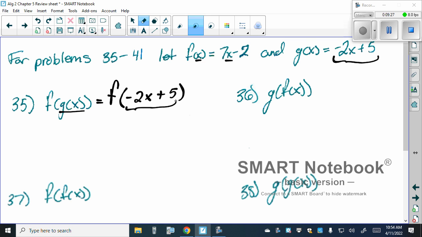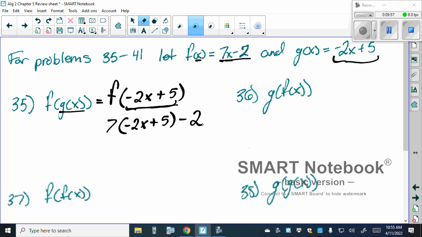Well, here we've replaced x with negative 2x plus 5. So everywhere there's an x in the function f of x, our 7 times x minus 2, we're going to replace that x with negative 2x plus 5. So what that'll give us is 7 times negative 2x plus 5, because we replaced the x with our negative 2x plus 5. And then we'll have minus 2.